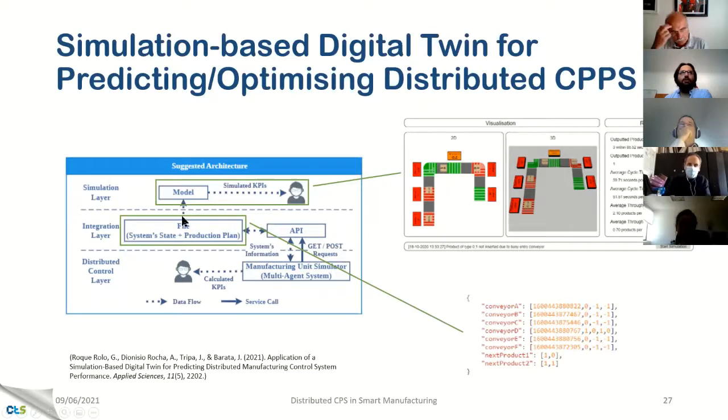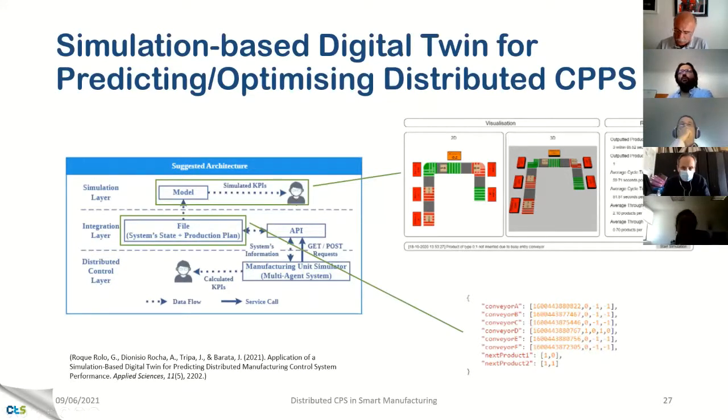And I can use a simulation module that will simulate in a high-speed way this current situation of the system in order to simulate KPIs that we will have in the future.